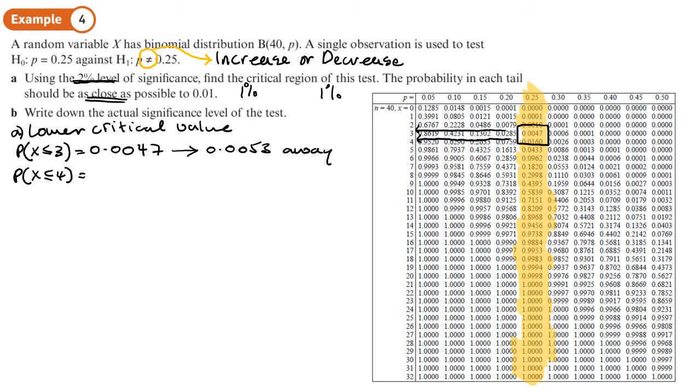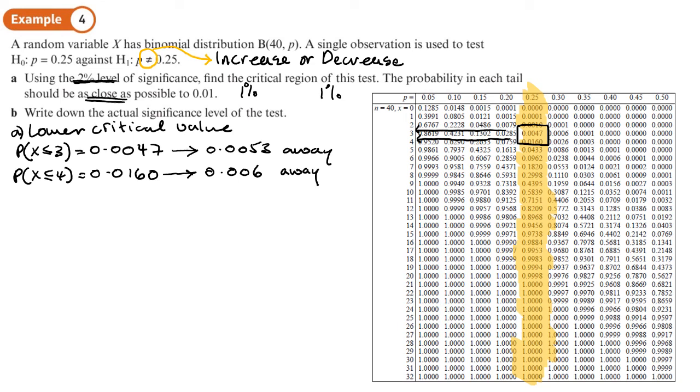That is 0.0160, so if I do 1.6% minus 1%, that value is 0.006 away.